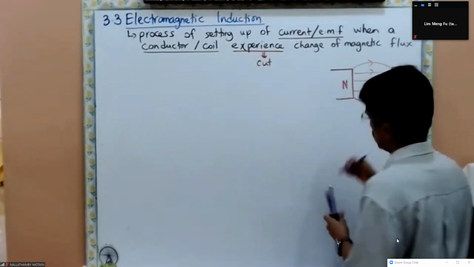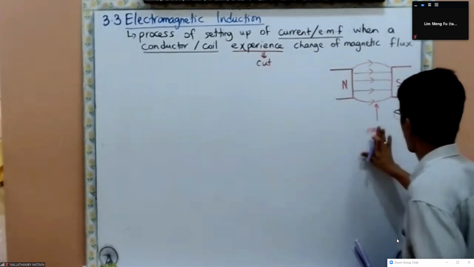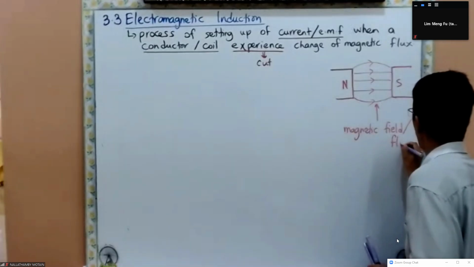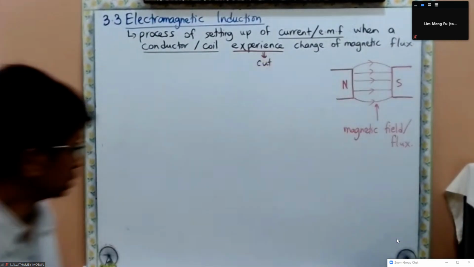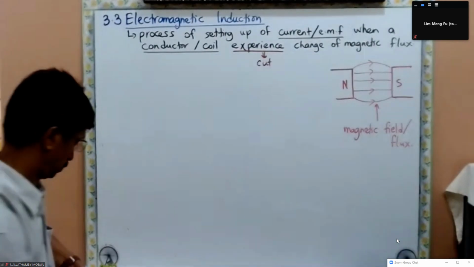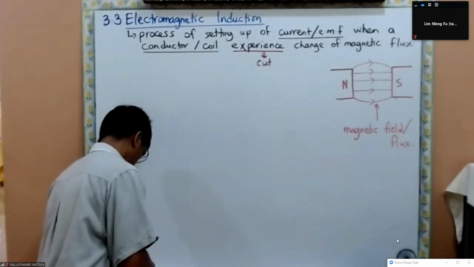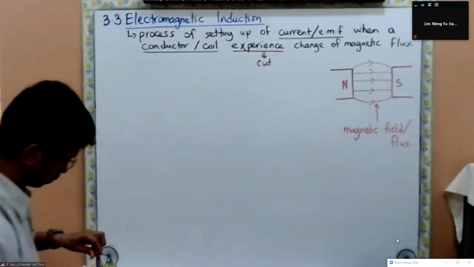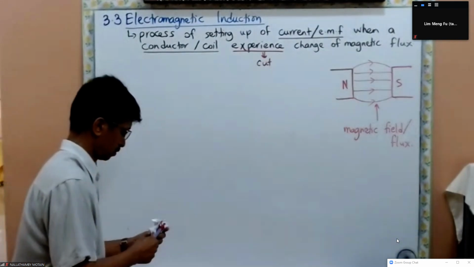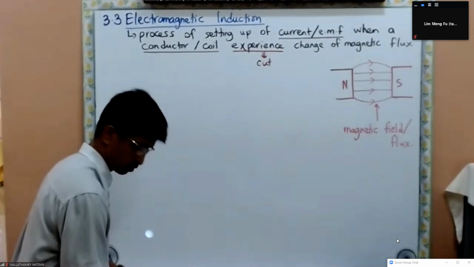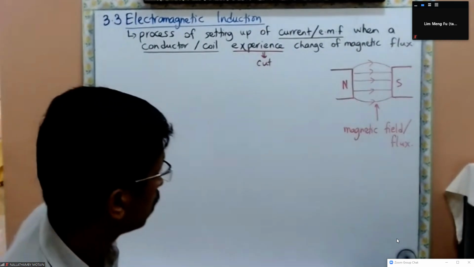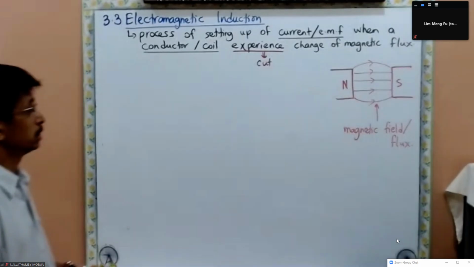From north to south, this is what we call the magnetic field or magnetic flux.